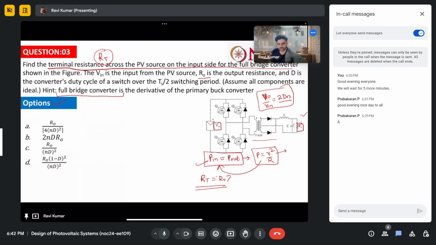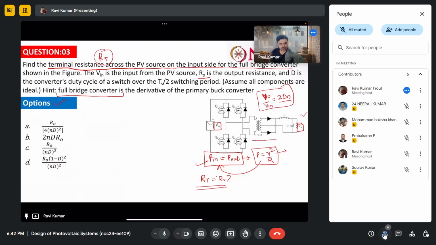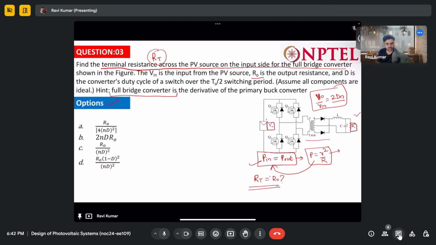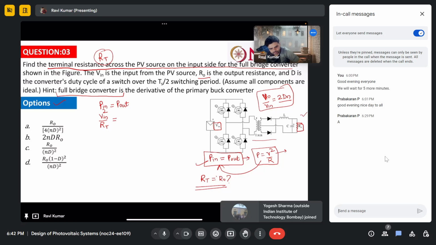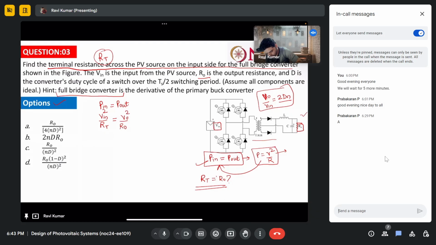Are you able to solve this? No? See, P input will be equal to P output, and P input in terms of V square by R, we can write V input square by RT, equals V naught square divided by R naught.